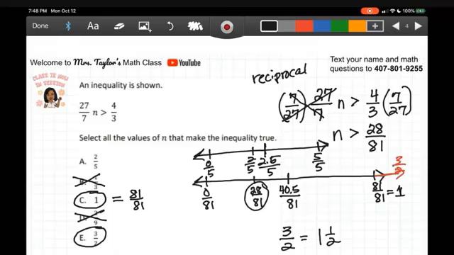It's not going to be that as well. So what I could do is multiply 27/7 times 2/5. And it has to be greater than 4/3, really. So this is going to be 54/35. And will that make the value greater? Yes, it would. So we will pick that.